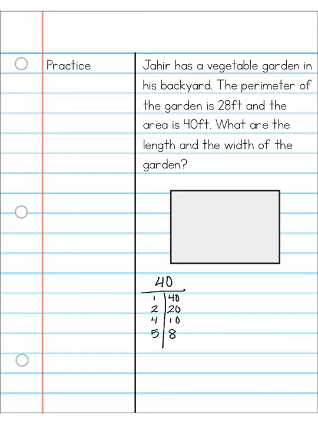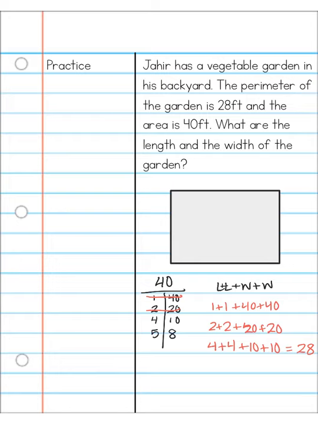I need to figure out which of these will plug into the perimeter formula of L plus L plus W plus W and give me 28. So 1 plus 1 plus 40 plus 40 is going to give me way more than 28, so that won't work. 2 plus 2 plus 20 plus 20 gives me 44, so that won't work. 4 plus 4 plus 10 plus 10 gives me 28.